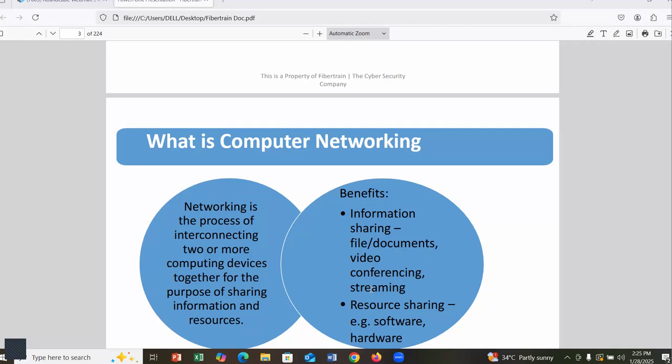So for instance, imagine you are working for your organization and you are the senior manager of the organization. Maybe you want to pass information to all the employees. You don't need to be going from room to room, to other offices, before you can pass the information.